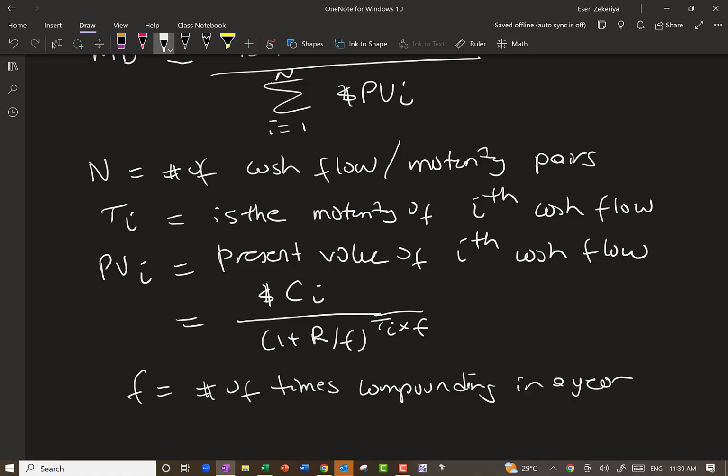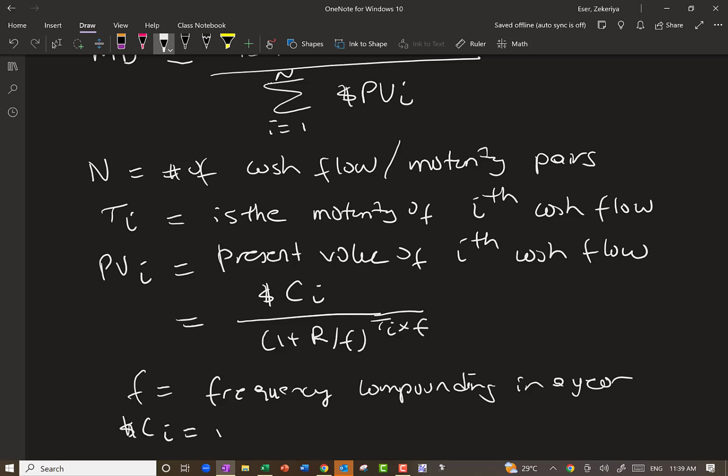If it's semi-annual, it will be 2, quarterly 4, monthly 12, annual 1, so on and so forth. If you think about it, and CI is the dollar value of ith cash flow.